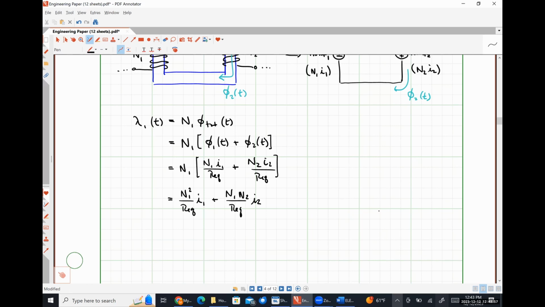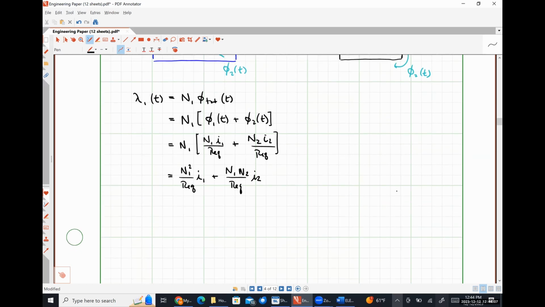What does N1 squared over reluctance look like? Yeah, that's our self-inductance. I'm just going to call this L11, and I'll tell you how to read those subscripts in just a moment, but it's just the self-inductance term.